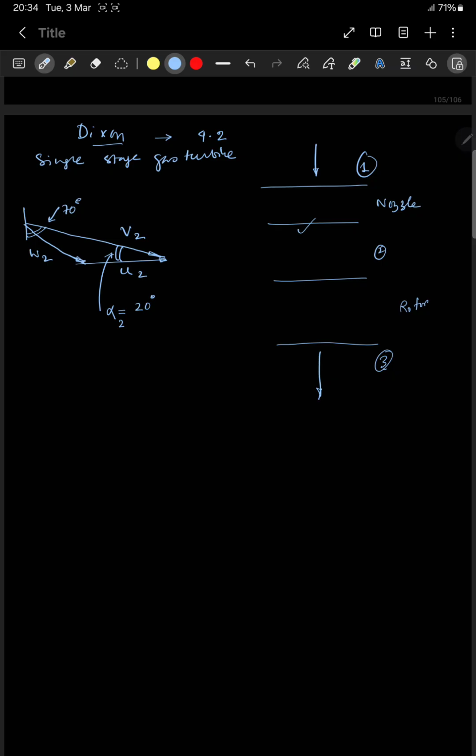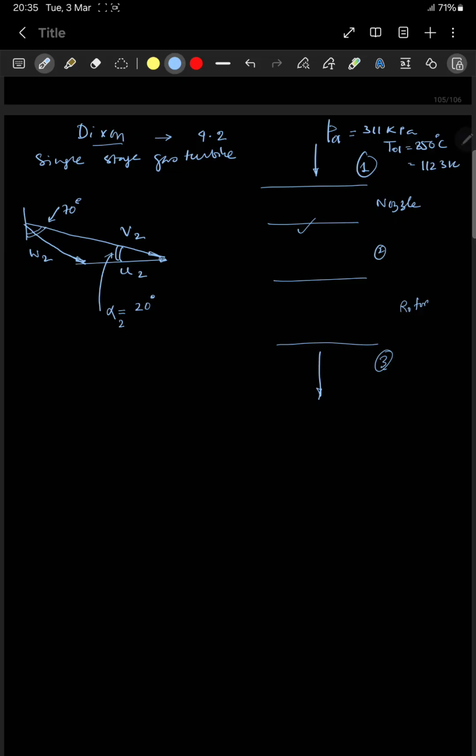At stage entry, the total pressure and temperature are, so P at stage entry, P01, because it is the total, 311 kilopascal, and T01 is 850 degrees centigrade, which is equals to 1123 Kelvin.